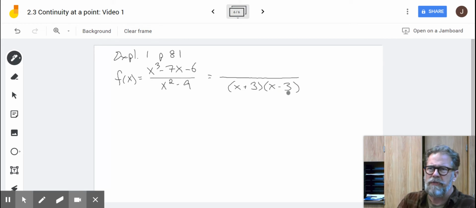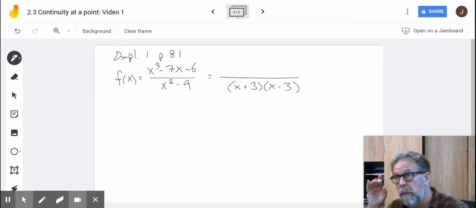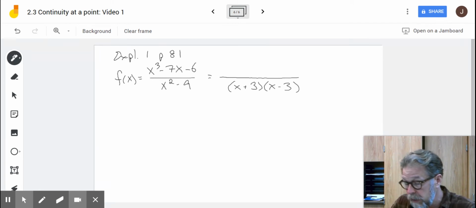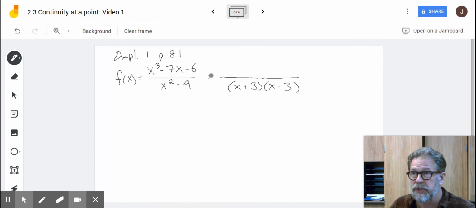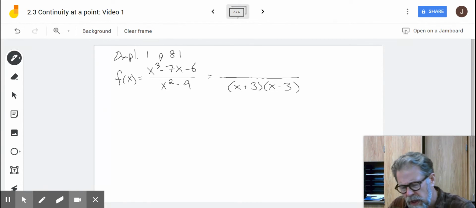This is where dividing polynomials becomes important. I think I'll make a new video on dividing polynomials, but this one is a slightly different division. This is one where we need to do the full thing instead of finding the remainder like we did before. I'll throw that video up in the next few days for you.